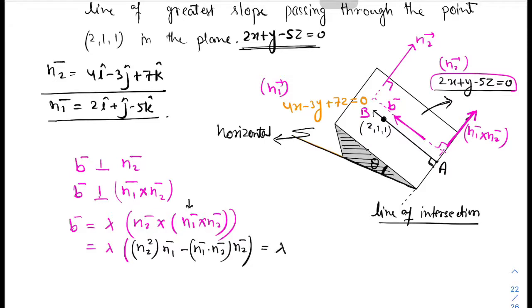so our parallel vector comes out to be n2 squared is 16 plus 9, that is 25, plus 49, 74, into n1 vector, and n1 vector is 2i plus j minus 5k.